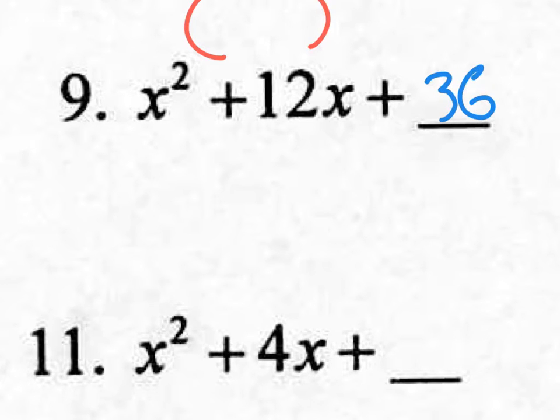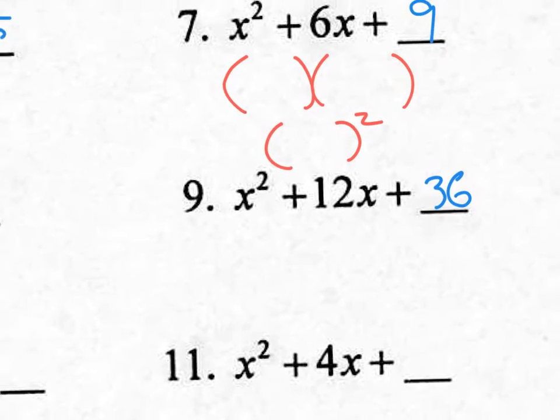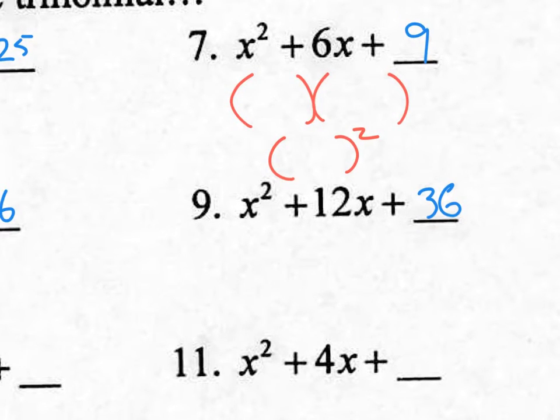Okay, so here's the deal, guys. You guys are getting all these right, and that's the hardest part of today's lesson, to come up with these numbers. But we need to be able to write down verbally the steps on how to get this 36. How did we get this 36?